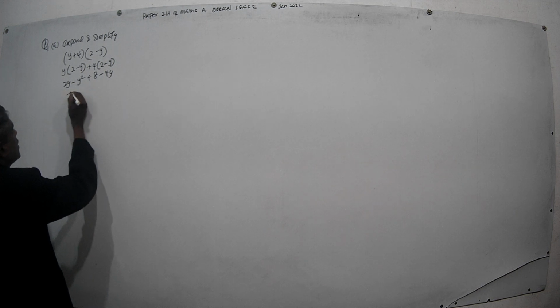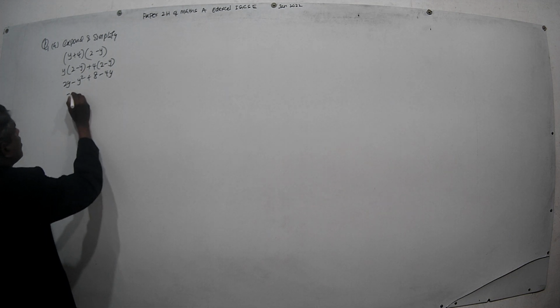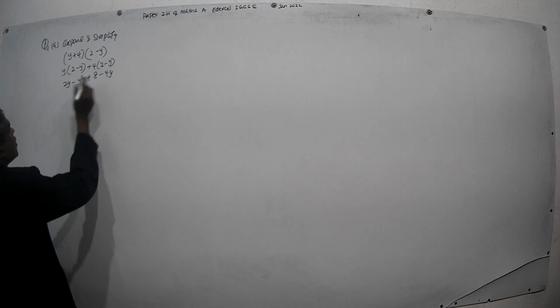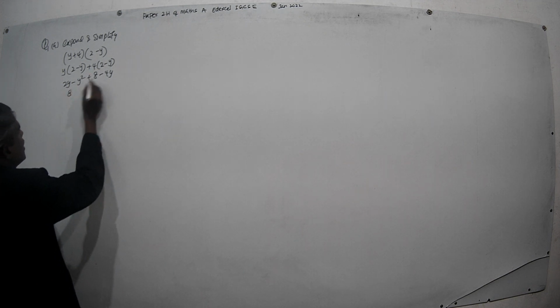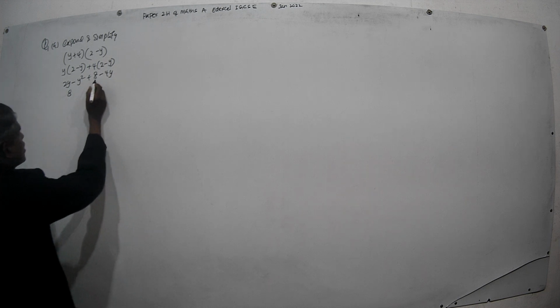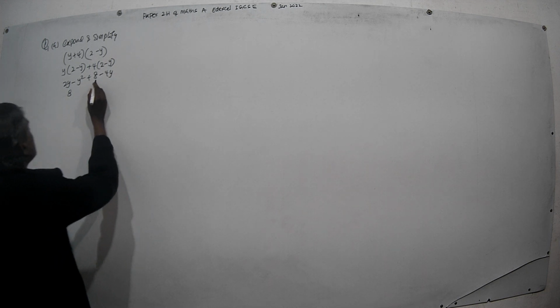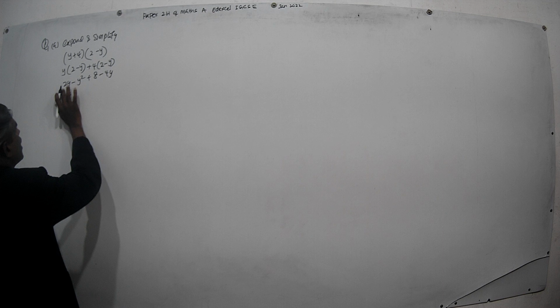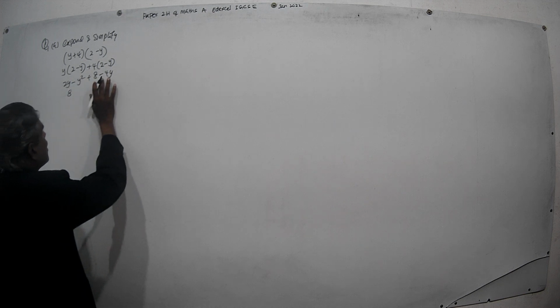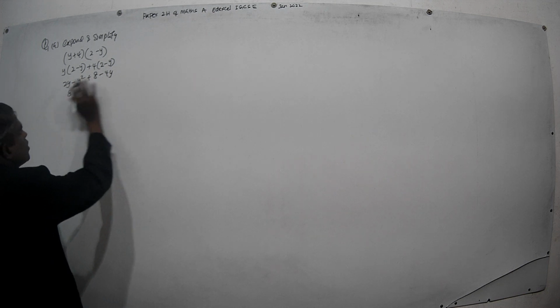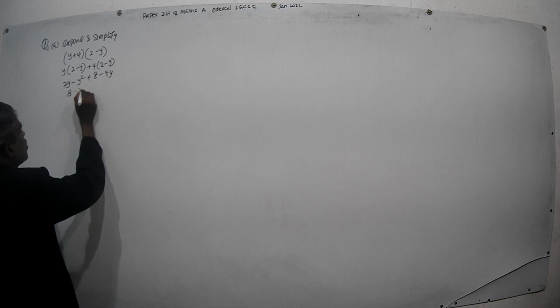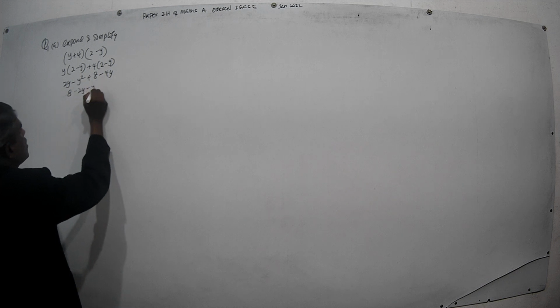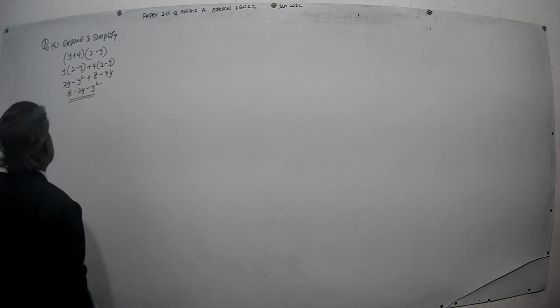Then take the 8, because there's nothing to be added or subtracted with 8, that is a plain term. Then minus y squared. This is the answer.